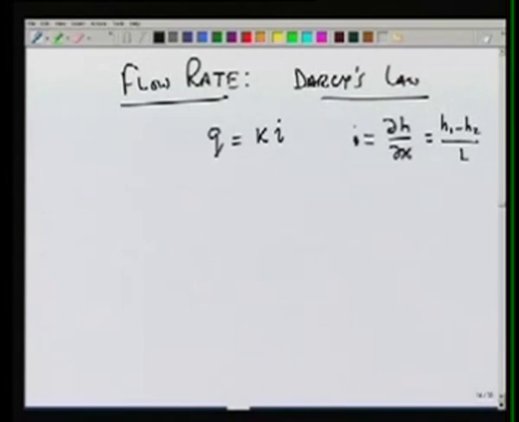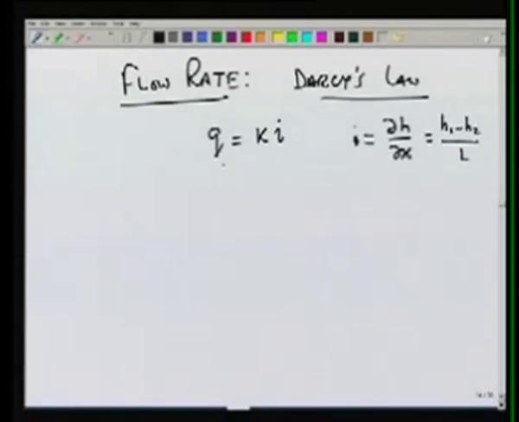Since the piezometric head is linear, I is constant throughout the length and is given by delta H, which is H1 minus H2 divided by L, and this will give us the apparent velocity or Darcy velocity. Using that, we can find out Q into area.